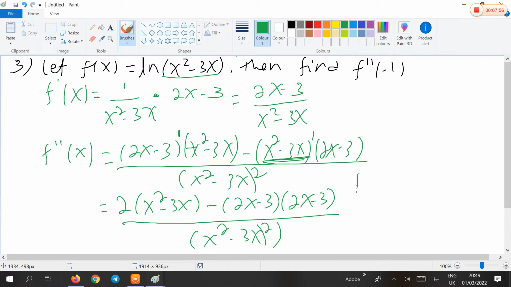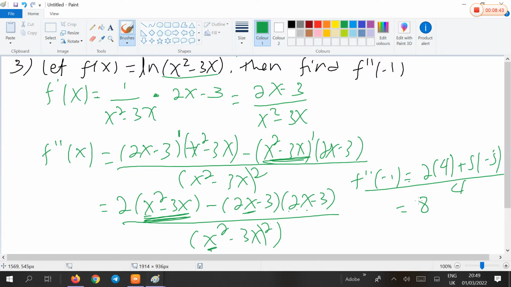So the second derivative at minus 1 will be: here we have twice of minus 1 squared, which is 1, and 3 times minus 1 is minus 3, so minus of minus 3 is plus 3, 1 plus 3, which is 4, minus, if we substitute minus 1 over here, twice of minus 1 is minus 2, minus 2 minus 3 is minus 5, so minus of minus, it will be 5 times twice of minus 1 is minus 2, minus 2 minus 3 is minus 5, over minus 1 squared is 1, minus 3 times minus 1 is plus 3, so that's 1 plus 3, which is 4.